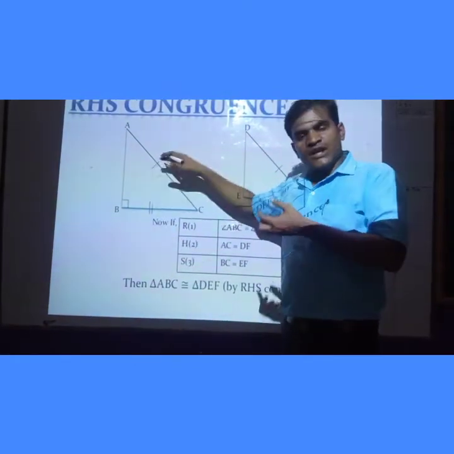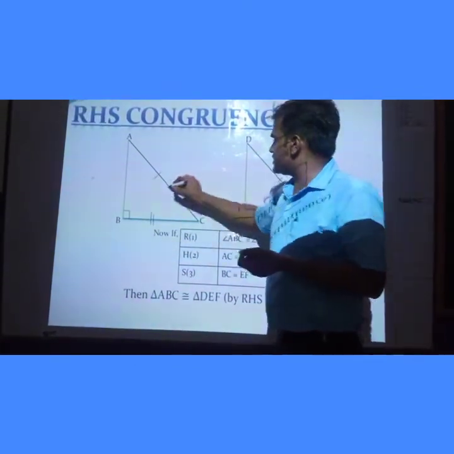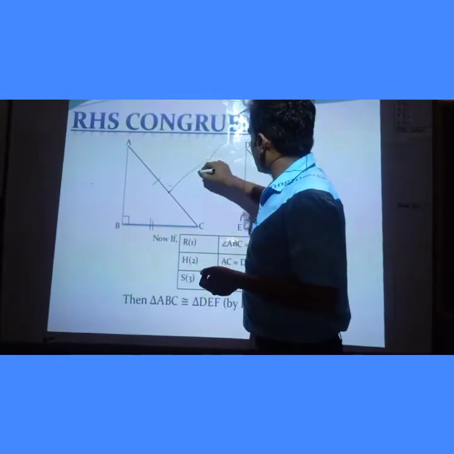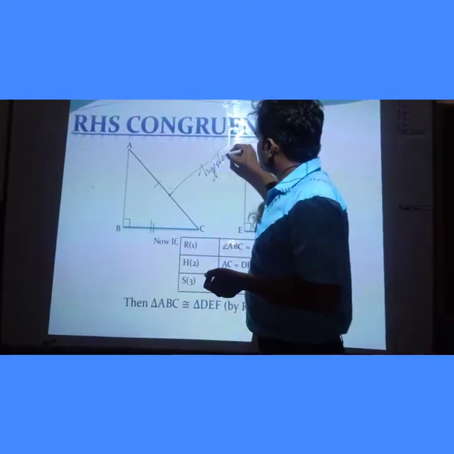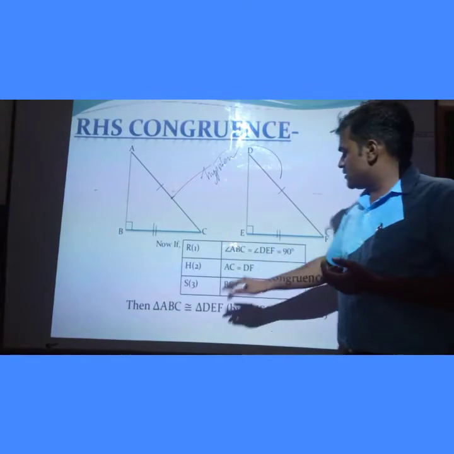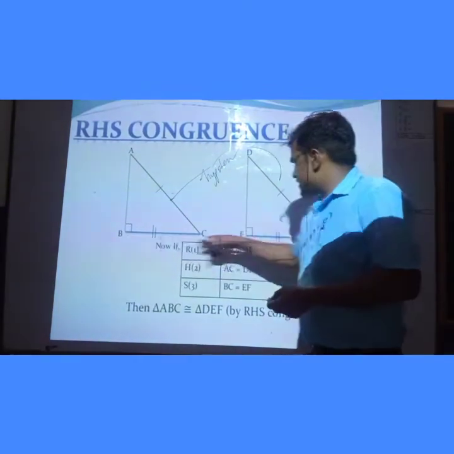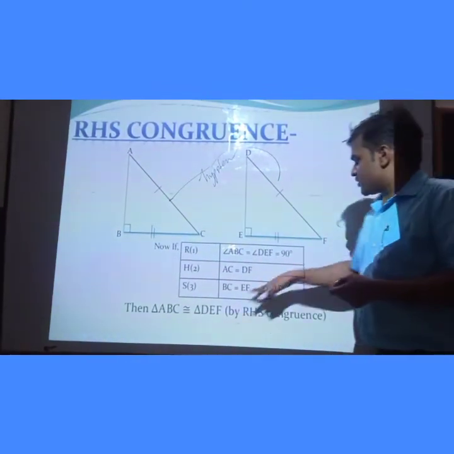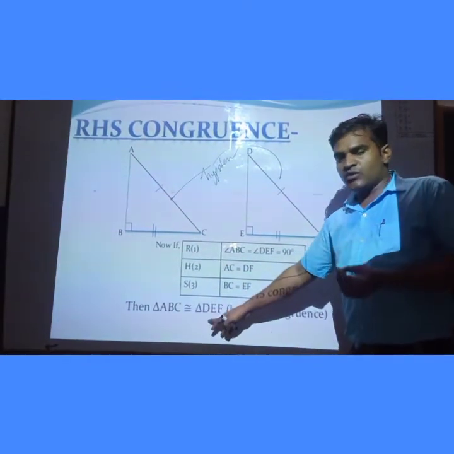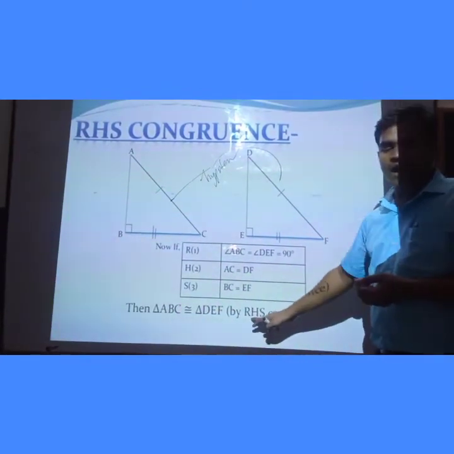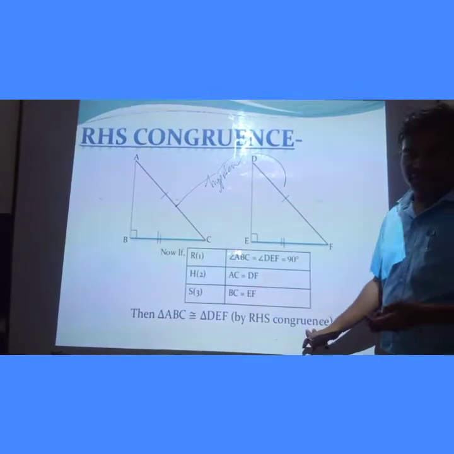And the remaining side, BC, is equal to EF. So triangle ABC is congruent to triangle DEF by RHS congruency criteria.